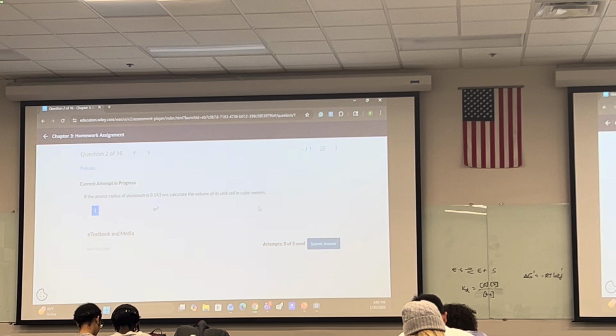So you should be using the VC formula, basically the FCC formula that we went over earlier today, which is VC equal to 16R cubed times the square root of 2, or better yet, I think we wrote it a little bit differently. I'll put it back here on the screen.